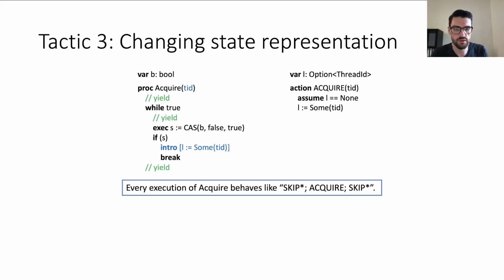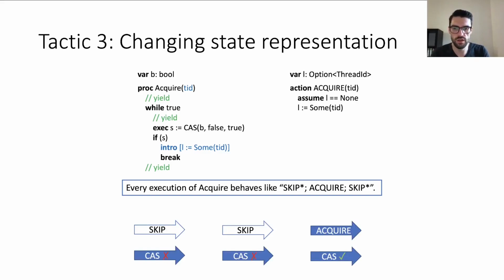And the second thing the programmer needs to specify to enable Civl to prove a simulation relation between the procedure and the atomic action is an invariant. In this case, the invariant says that B is false whenever L is none, and B is true whenever L is equal to some thread ID, which is the intended connection between these two different state representations.